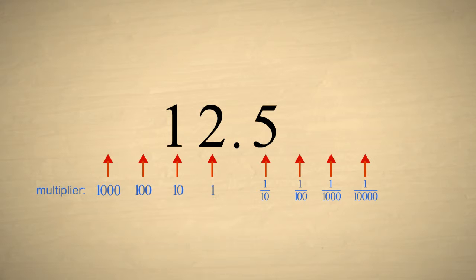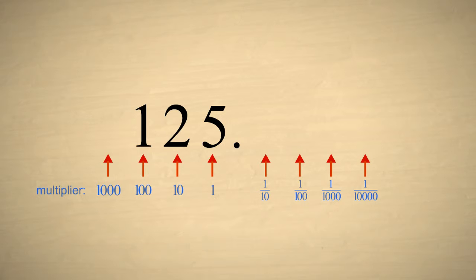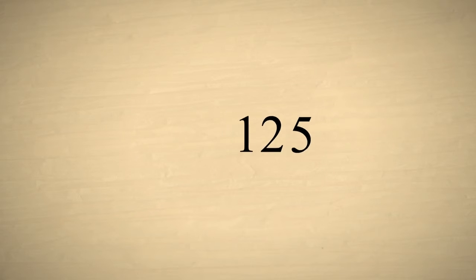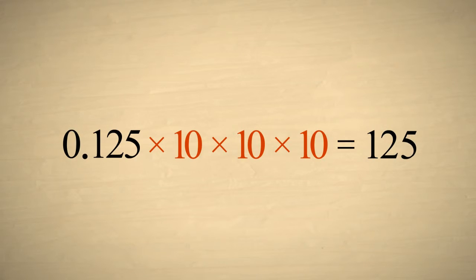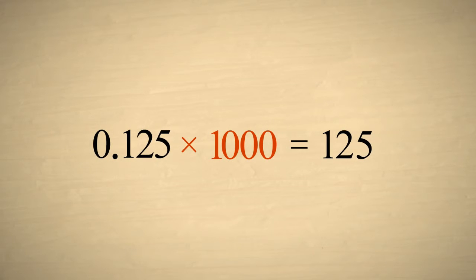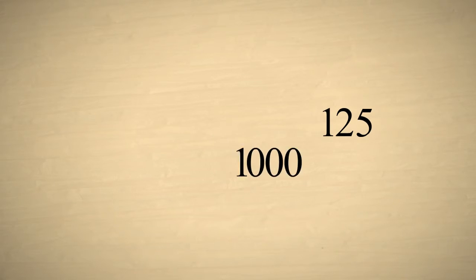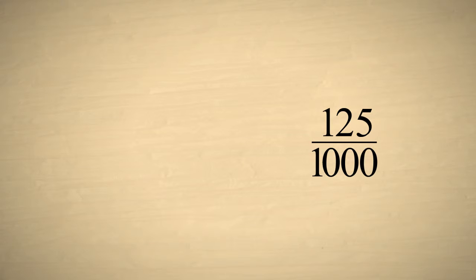And if we multiply by 10 a third time, there will be no more digits to the right of the decimal point. We will have an integer. So by multiplying our decimal number by 10 3 times, which is the same as multiplying by 1,000, we have produced an integer which is 1,000 times the original number. If we then divide the integer by 1,000, the result will be equal to the original number.